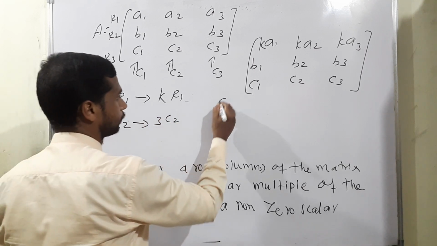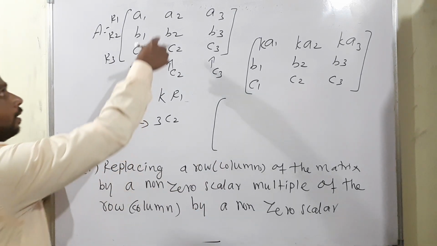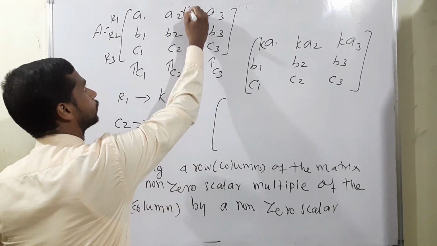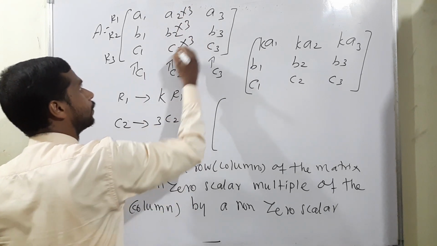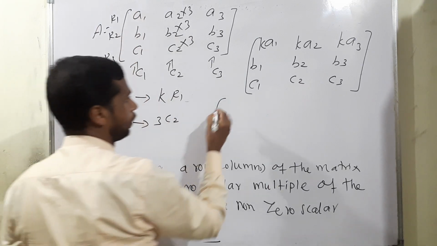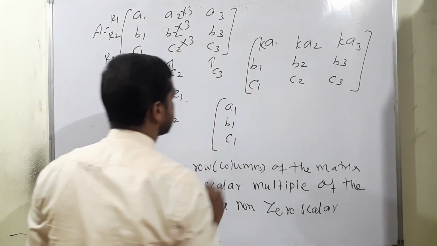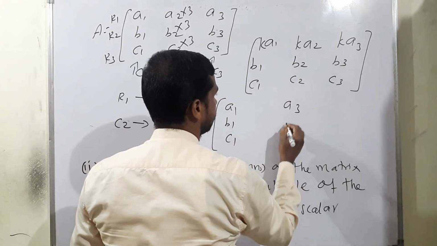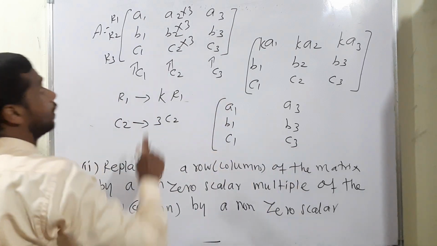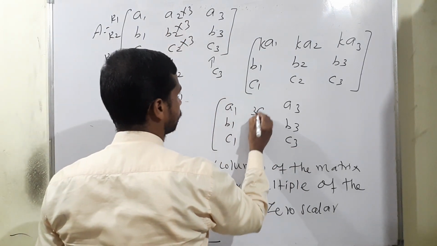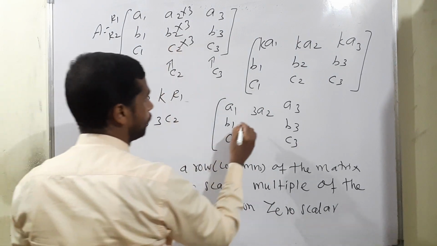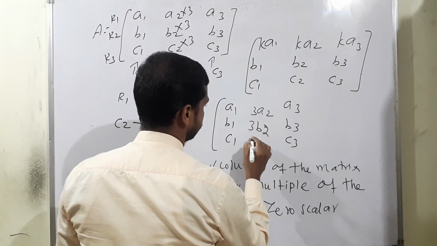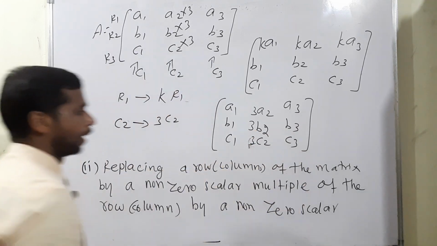The complete C2 we have to multiply by 3. The remaining columns stay as they are: A1, B1, C1 and A3, B3, C3. Here we get 3A2, 3B2, 3C2. So this is condition number 2.